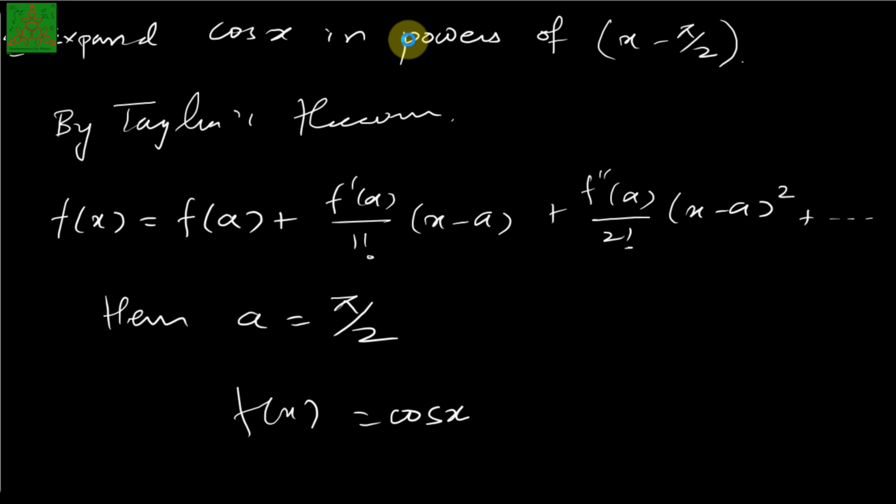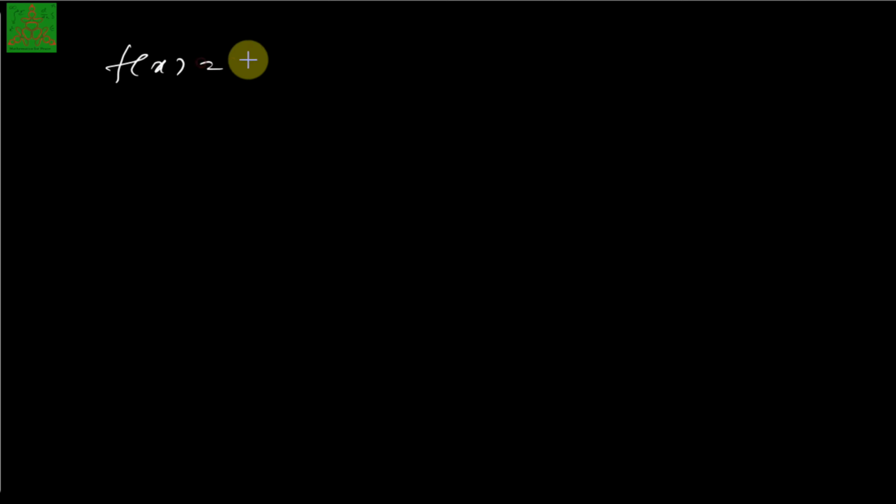Now we need to calculate f of x is equal to cos x. As f of pi by 2 first we need to calculate, that is cos pi by 2.